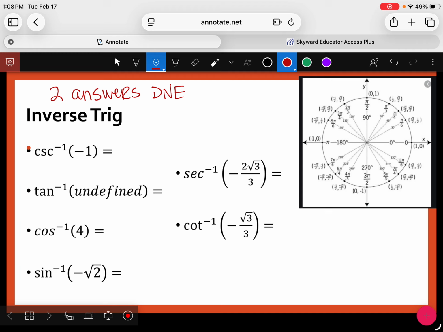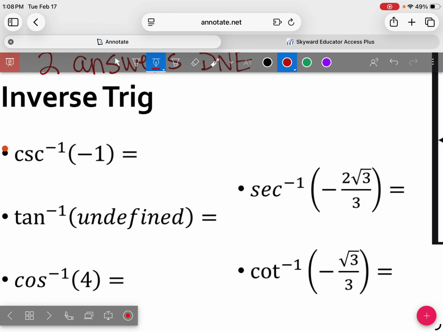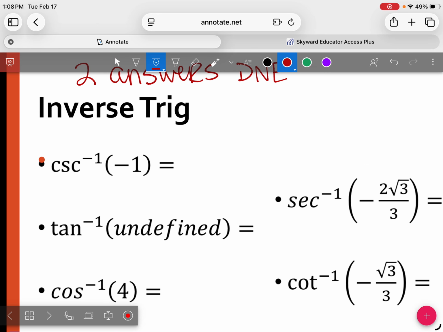All right, let's see how we did. All right, so for the first one, who is the sister to cosecant? Who's cosecant's sister? Sine. Okay.